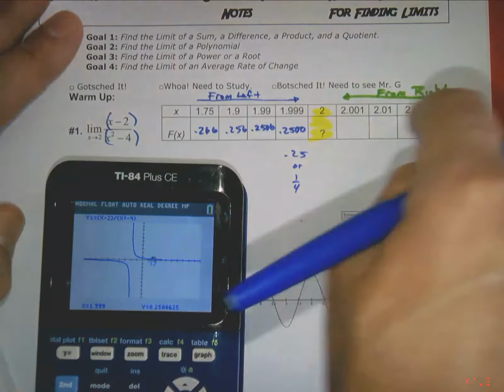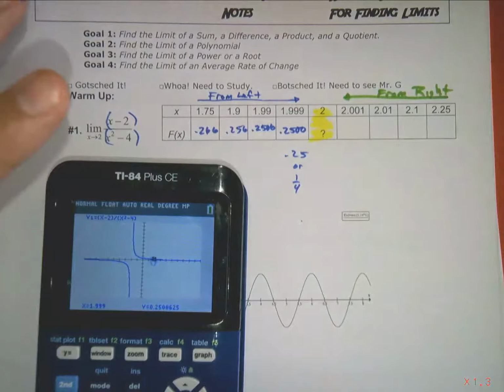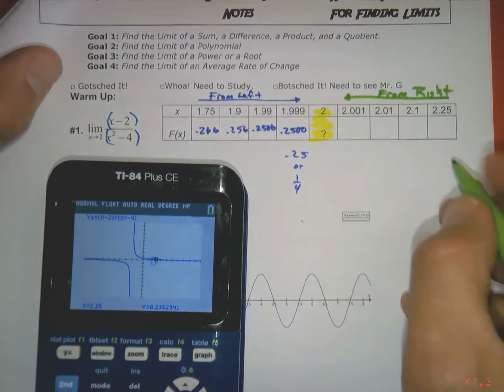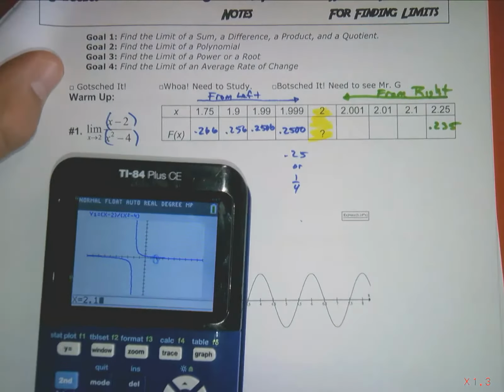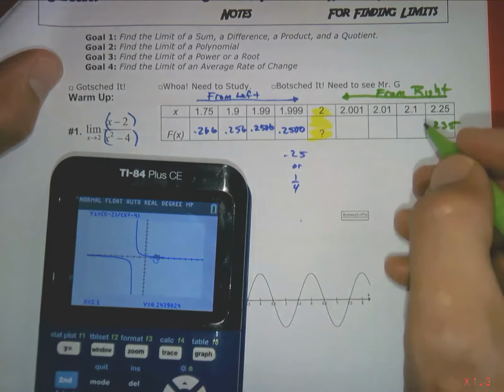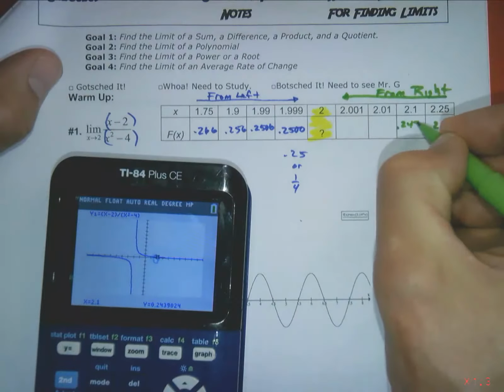Let's see if it's happening on the other side. Again, start outside in. Start at 2.25, which is farther away from 2. That's 0.235. Now I'm going to do 2.1. That's 0.243.